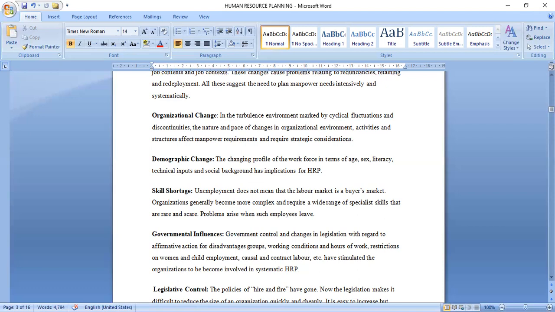Maybe they are changing from producing goods and services to a service sector, maybe providing consultancy services. That would totally mean that they have to plan ahead and be able to get the rightful employees.